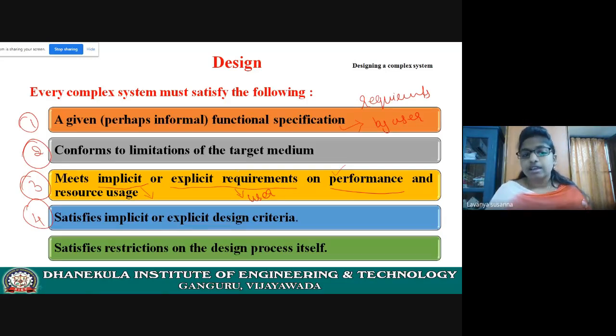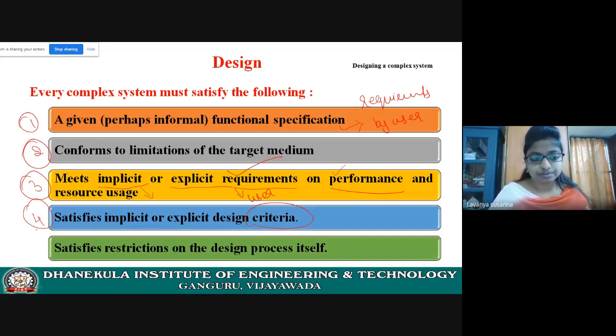So you must set some implicit and explicit criteria, and your design must satisfy that criteria, because your design cannot satisfy all the requirements specified by the user. Remember that.